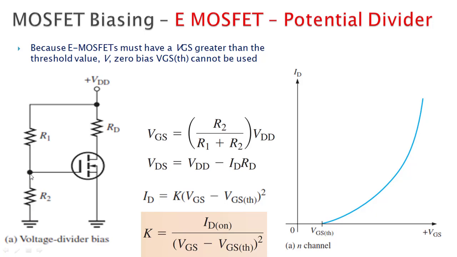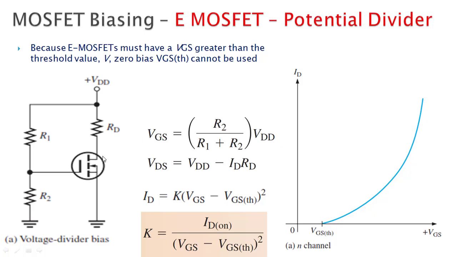In this circuit, there is no source resistance. So VGS, as in JFET, VG is equal to R2 divided by R1 plus R2 into VDD, and separately we calculate VS. VG minus VS is called VGS. But here there is no resistance RS, so VGS is equal to VG, using the potential division rule.